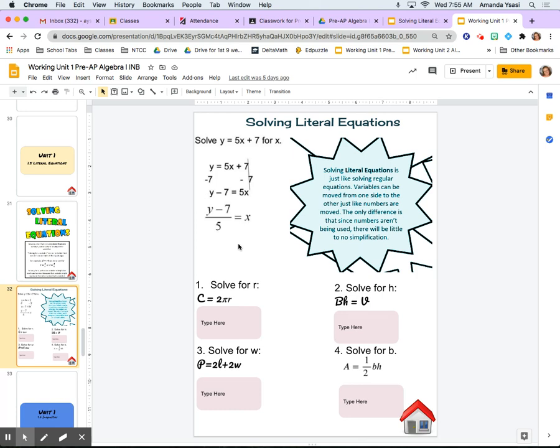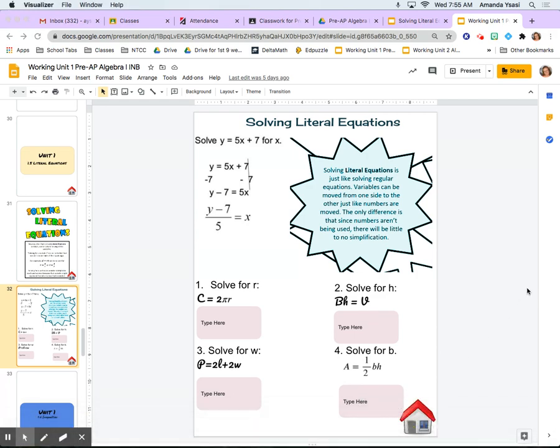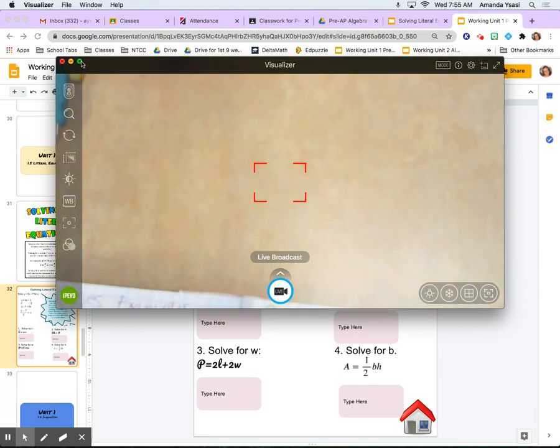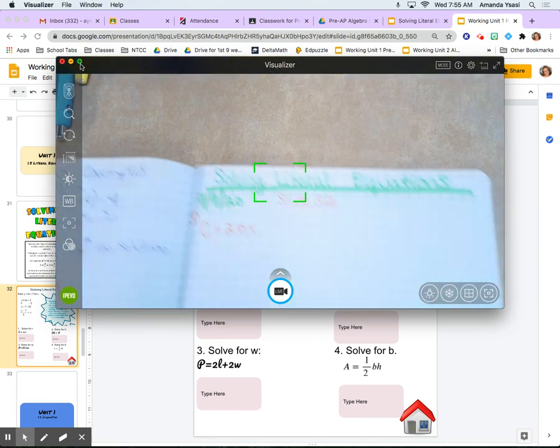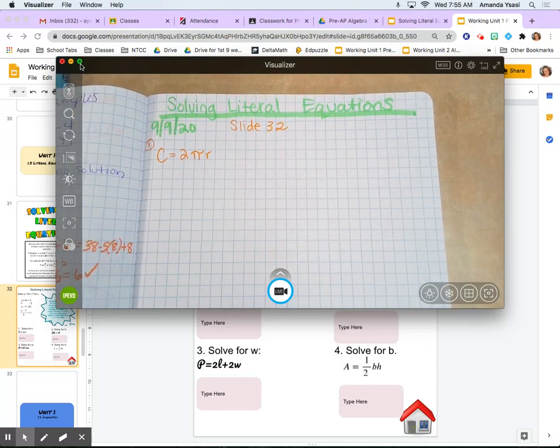So let's look at number 1. This is slide 32. I'm going to show you my composition book in a second. C equals 2 pi radius. Okay, so this is what my composition book looks like right now.